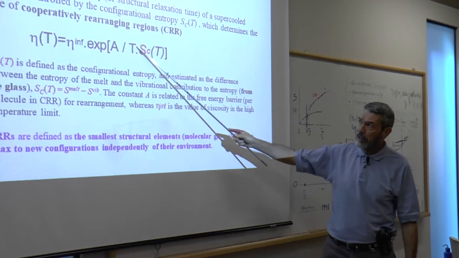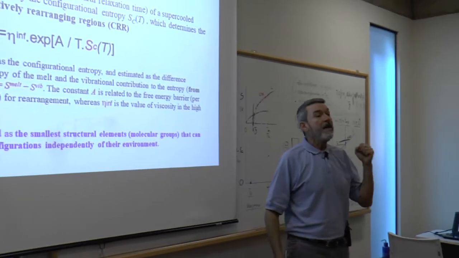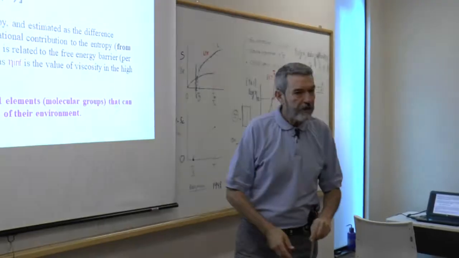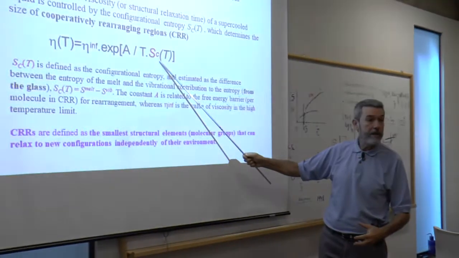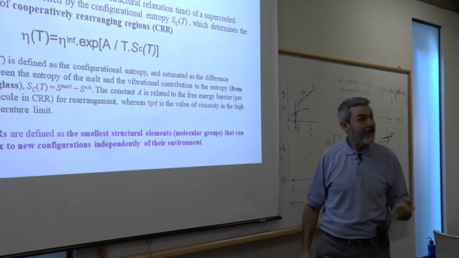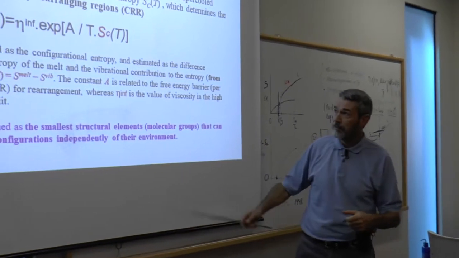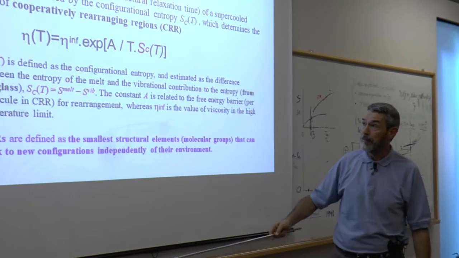And the configurational entropy is a thermodynamic quantity which can be independently calculated. This is the nice feature of this equation. It relates a thermodynamic quantity which in principle can be independently estimated, this is the homework I gave you last week, with a kinetic property, which is viscosity.